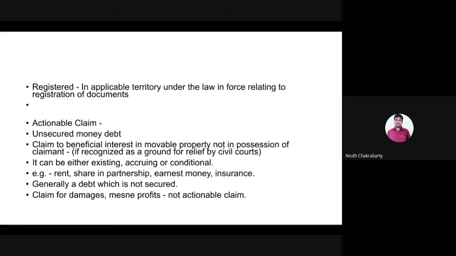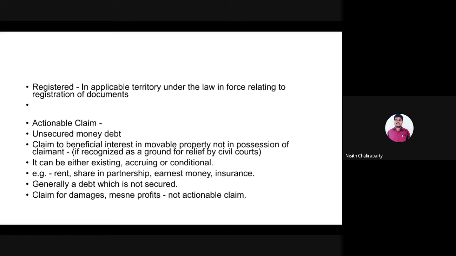It is a constructive possession that I have. So this says that if it is a claim to a beneficial interest in a movable property, I must have an interest which is beneficial, and it must be over a movable property only.